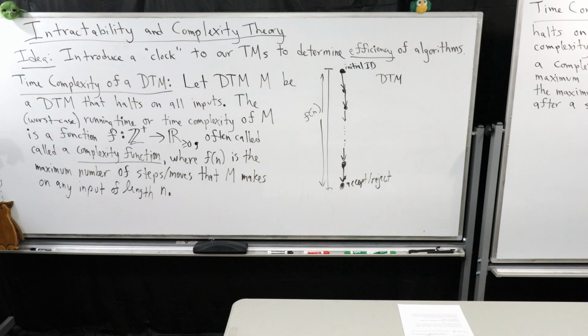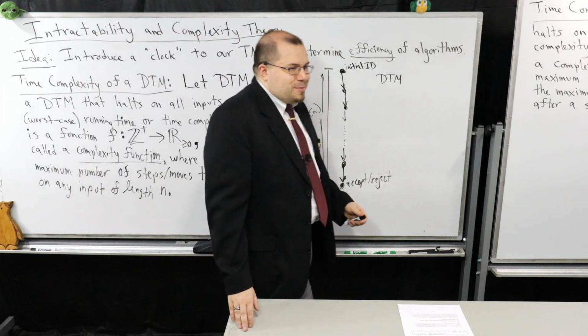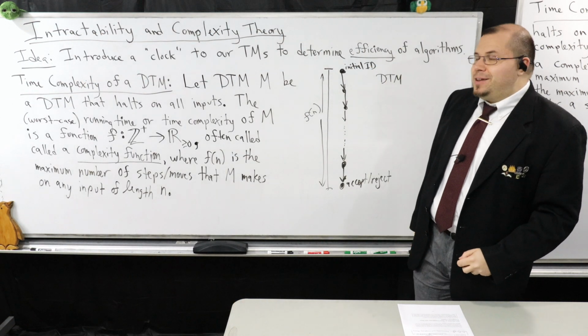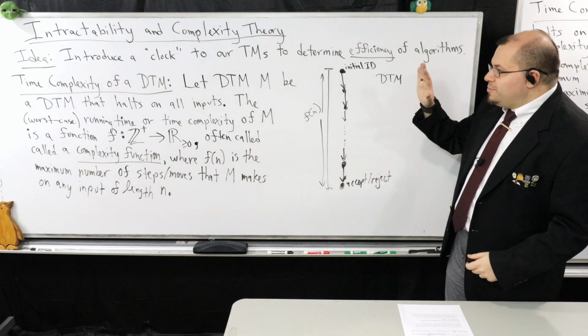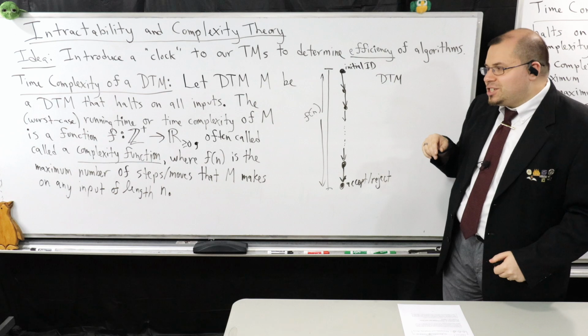So if I give you a DTM M and it halts on all inputs, so I'm going to presume that this is a decider, right? So we're going to call the worst case running time, which I'll colloquially use as just saying running time, and that's pretty common when we talk about algorithms anyways, the running time or time complexity of M is going to be given by a function, f.